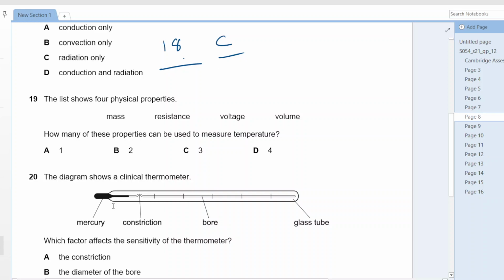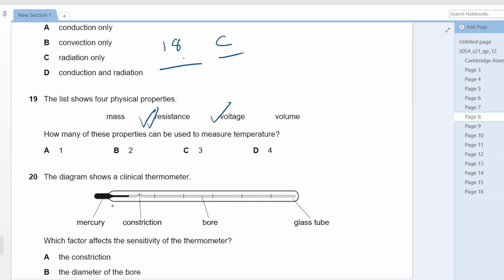19, list shows 4 physical properties: mass, resistance, voltage, volume. How many of these properties can be used to measure temperatures? You know, resistance has a connection with temperature. In normal conductor, resistance increases with temperature. Therefore, resistance is a property.